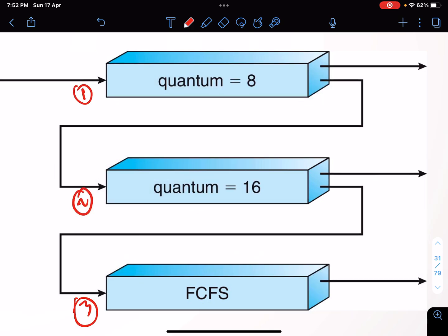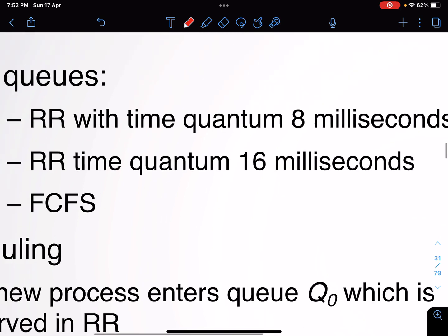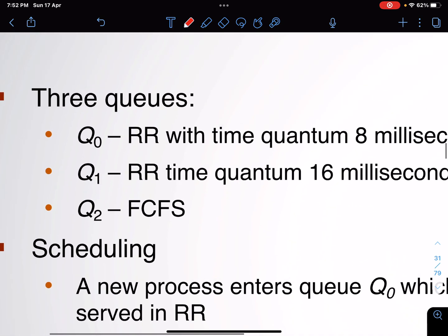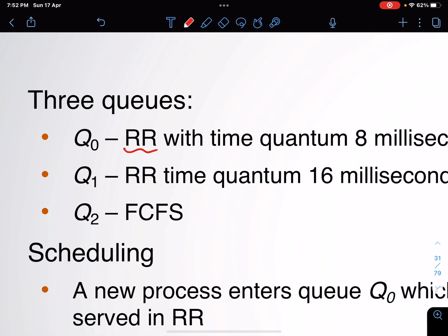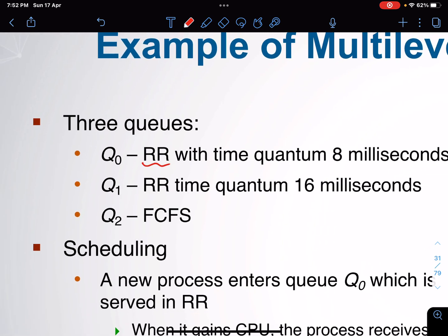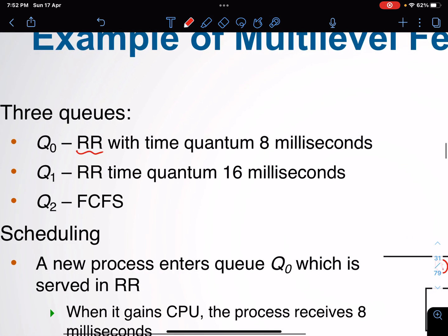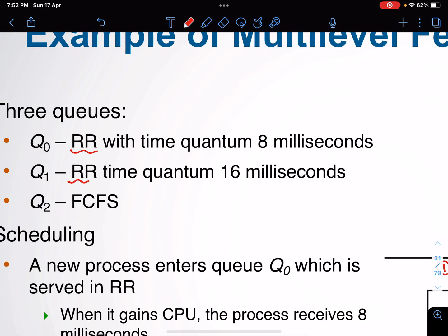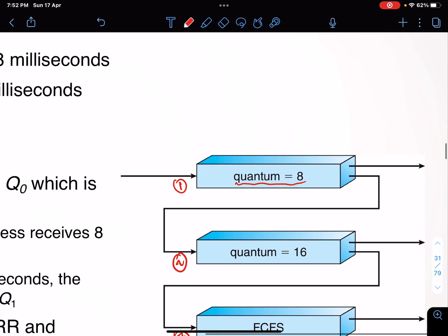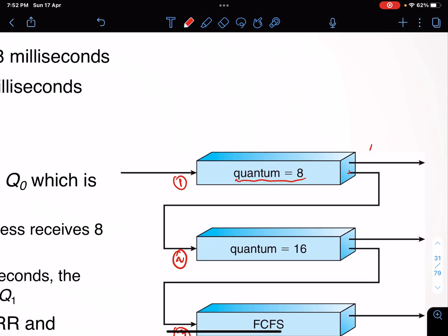The first queue is assigned a quantum. The author here says it's a round robin, but it's not round robin, really. I disagree with this totally, because round robin means you give the quantum and then you have to put it back. This is not the case. The process takes a quantum.